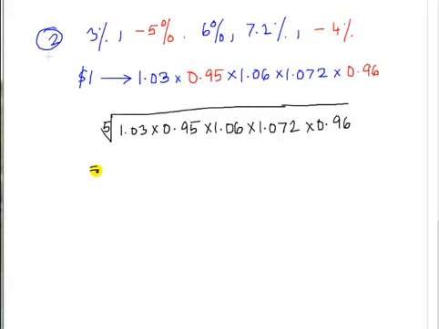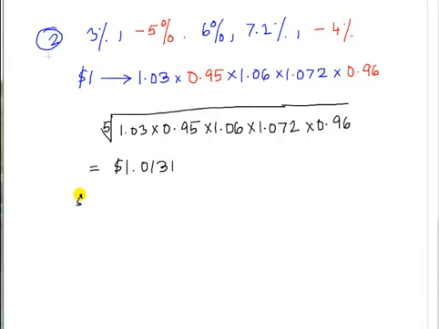Then we apply the fifth root, so to an exponent of, open parenthesis, 1 divided by 5, close parenthesis. On an average, our dollar is worth 1.0131.